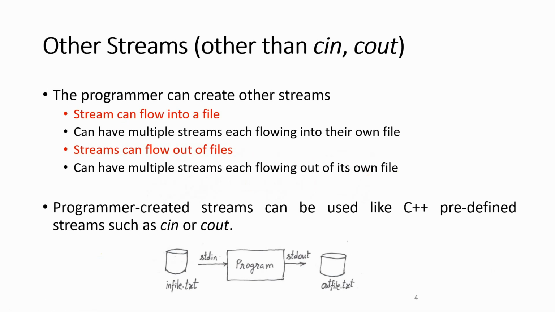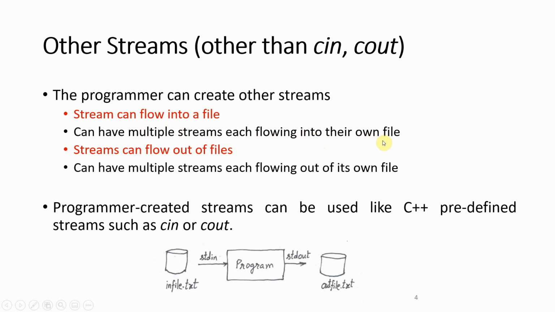The programmer can create other streams. You've already seen cout and cin that are available in the iostream library and using namespace std. Streams can flow into a file as well. We can have multiple streams, each flowing into their own file.